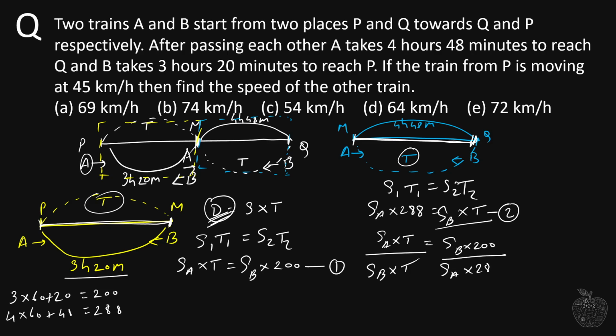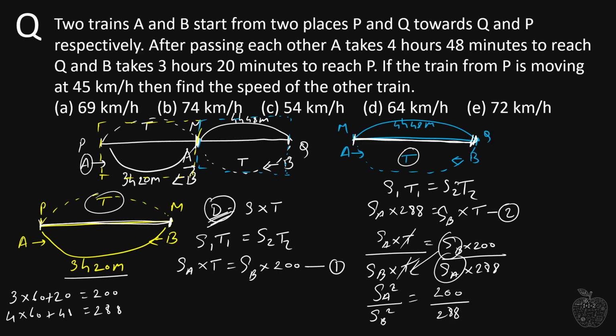Now t gets cancelled. SA goes on the left hand side, so we get SA squared, and SB goes on the left hand side, so we get SB squared. We are left with 200 divided by 288 on the right hand side.